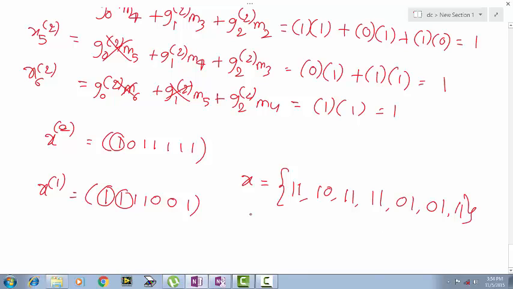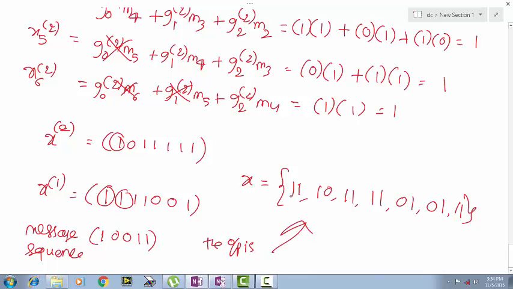So this is the output sequence for the given encoder. For the message 10011, this is the message sequence, the output sequence is this one: 11, 10, 11, 11, 01, 01, 11.